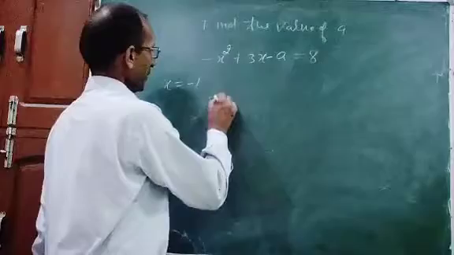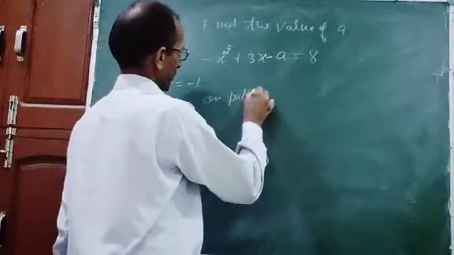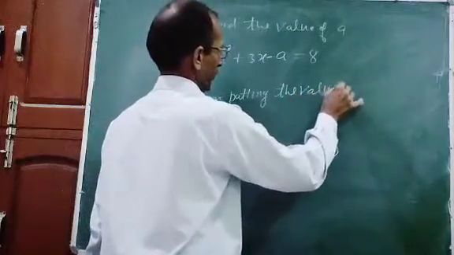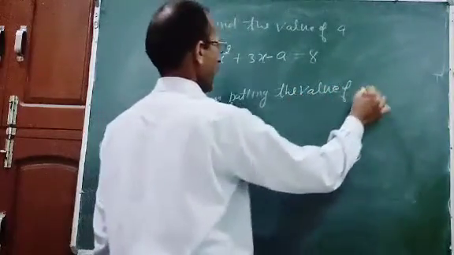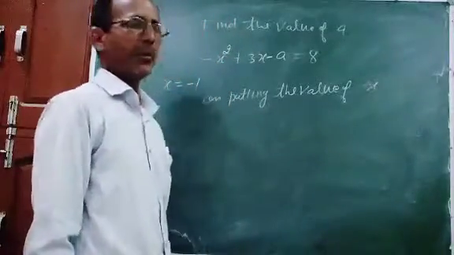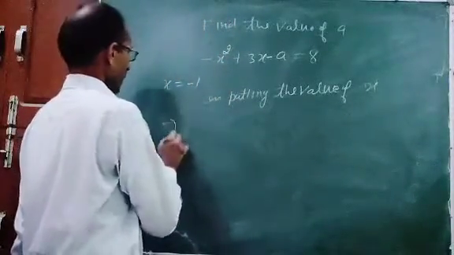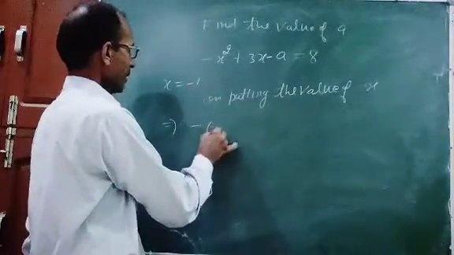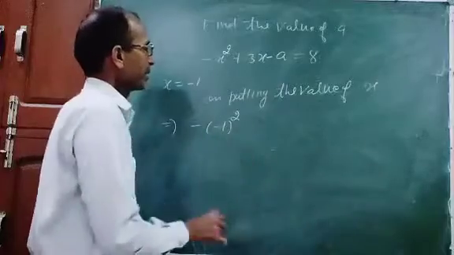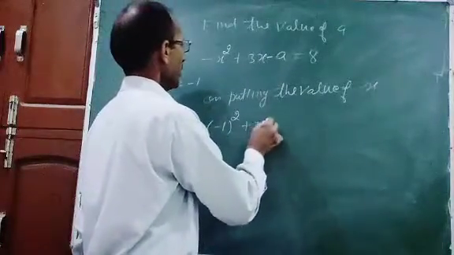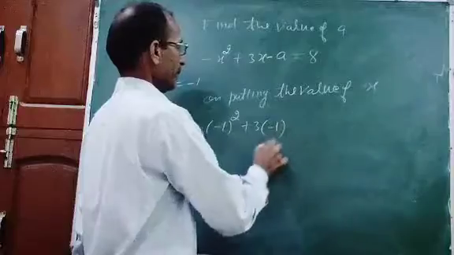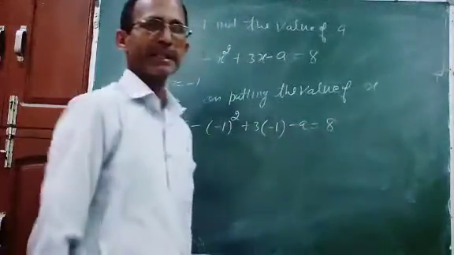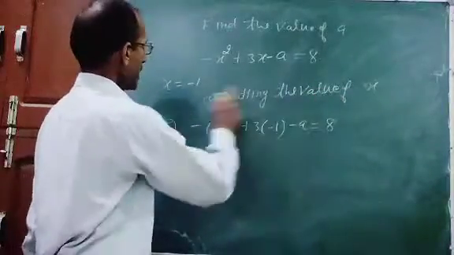So on putting the value of x, which is minus 1: minus 1 square plus 3 times minus 1 minus a is equal to 8, because the value of x is given as minus 1.